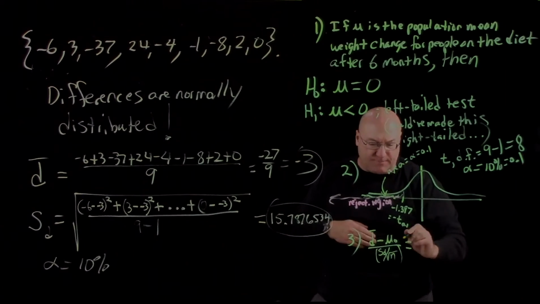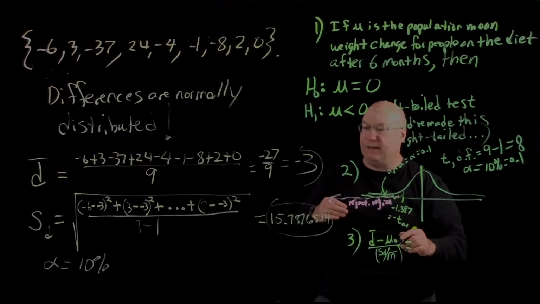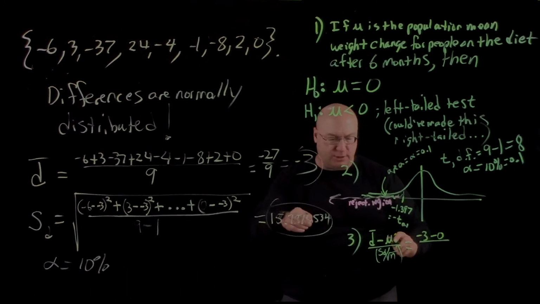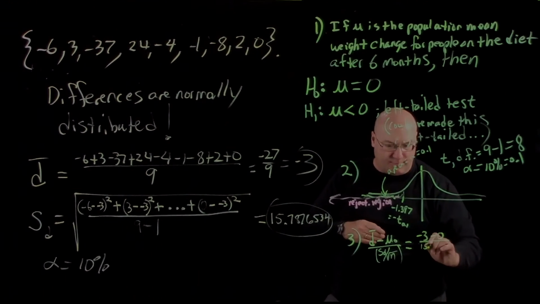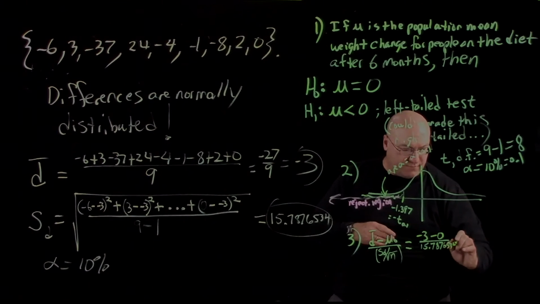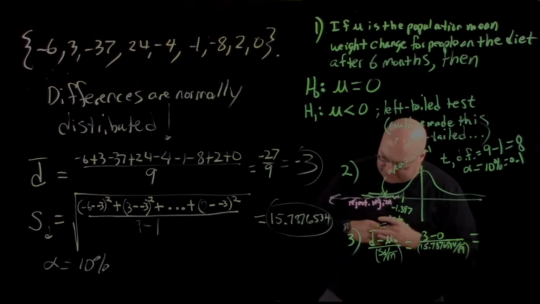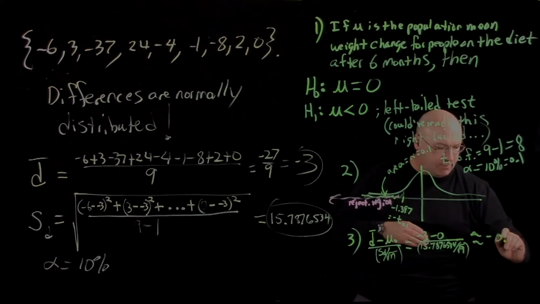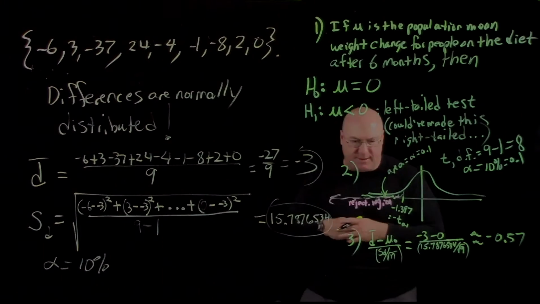So when I do this, I get d bar was -3 minus 0, divided by this number, 15.7876534, and it's all divided by the square root of 9, right? And that works out to be about -0.57, all right?